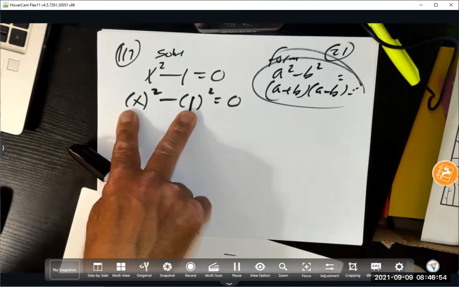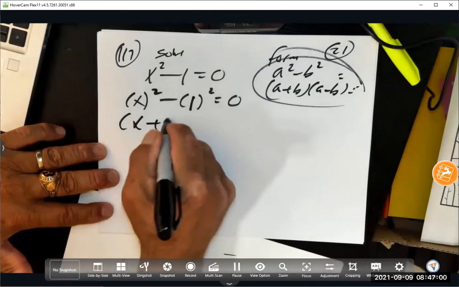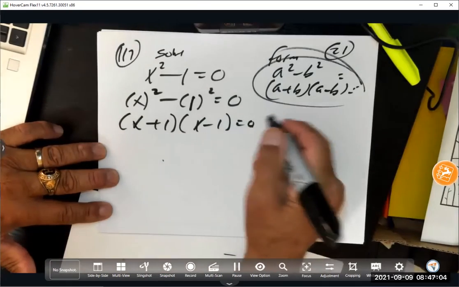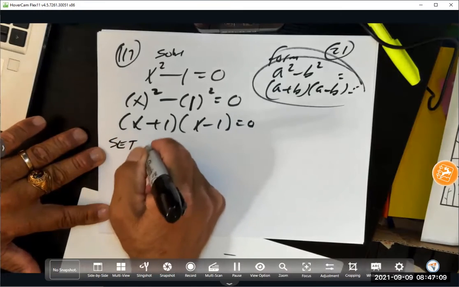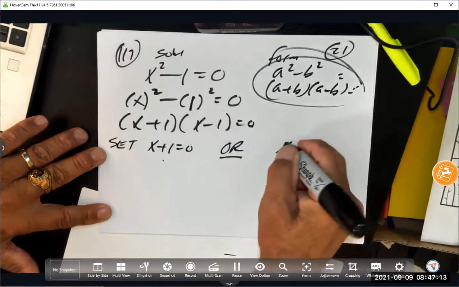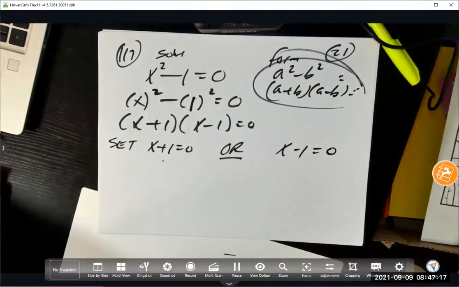So now I'm going to say that this is going to become x plus 1 and x minus 1. This is called difference of squares, but it's just a name. Okay. So I'm going to set it up from there. I'm going to say x plus 1 is 0, or x minus 1 is 0. So there's two ways to get the answer, right? So how do you do the first one?